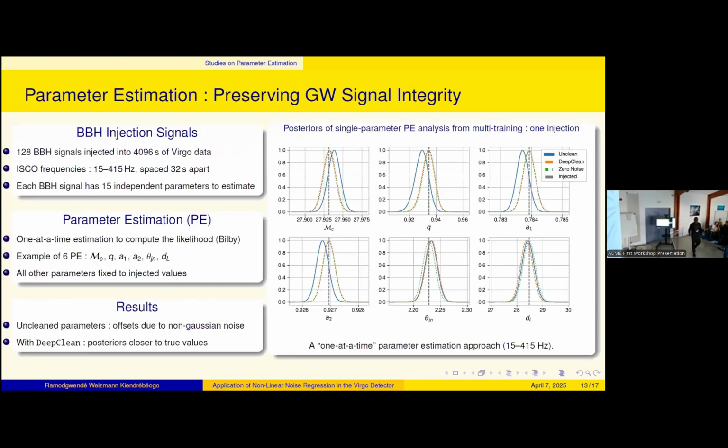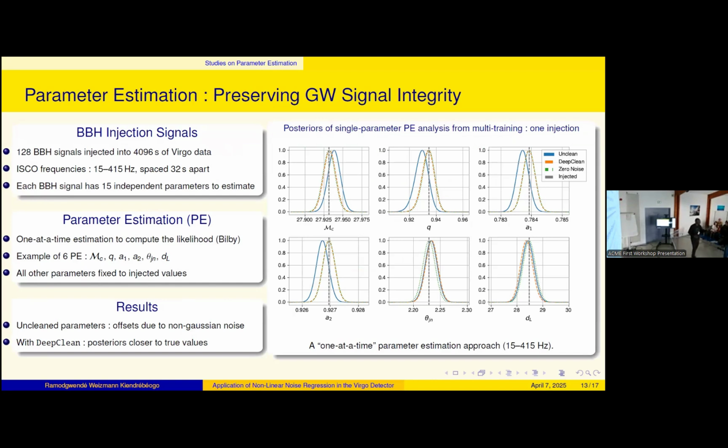Okay, to be sure that DeepClean didn't destroy the signal, we decided to study the parameter estimation. For that, we injected 128 binary black hole signals and used a one-at-a-time process.